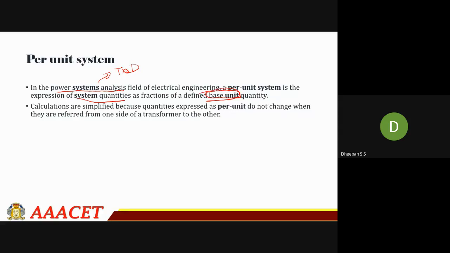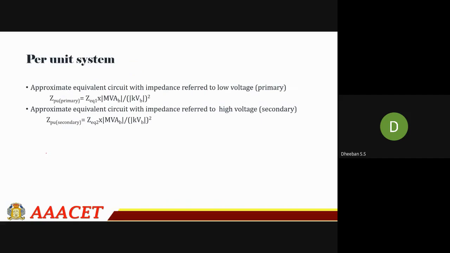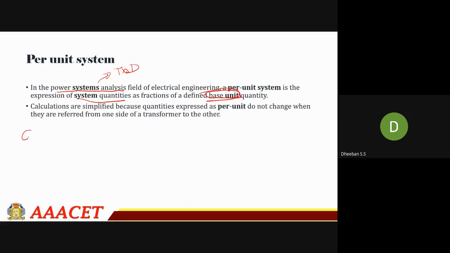For this example, you might have studied in your chemistry the Avogadro number. In that, you will have this Avogadro number as a base quantity. With this Avogadro number as a base quantity, you will be finding the molar quantity, right?